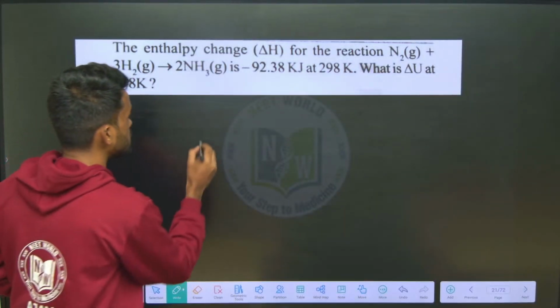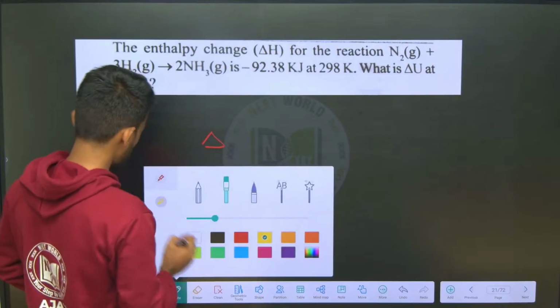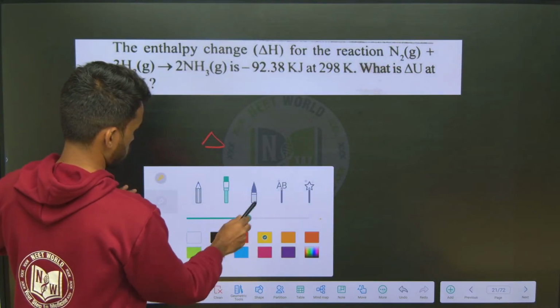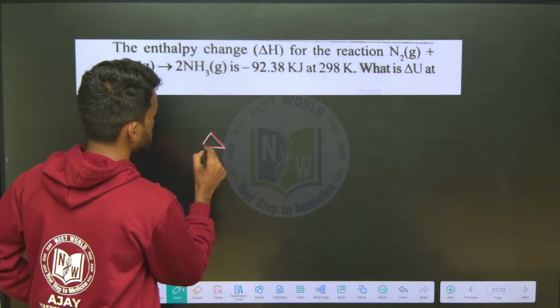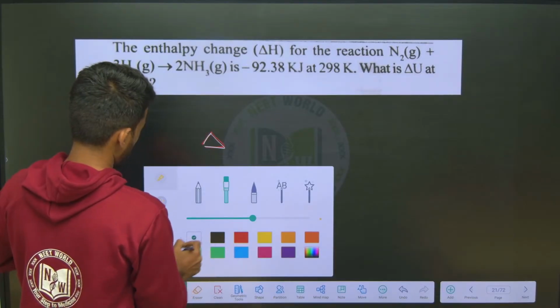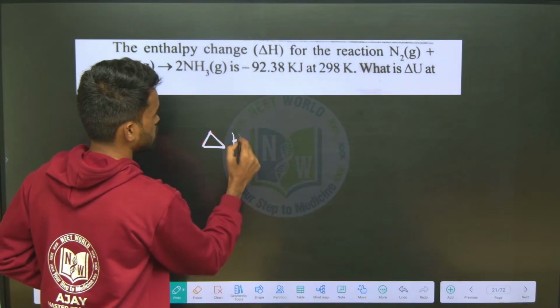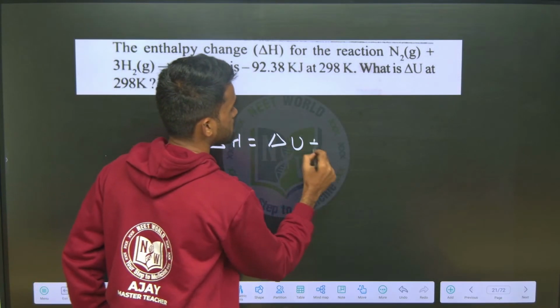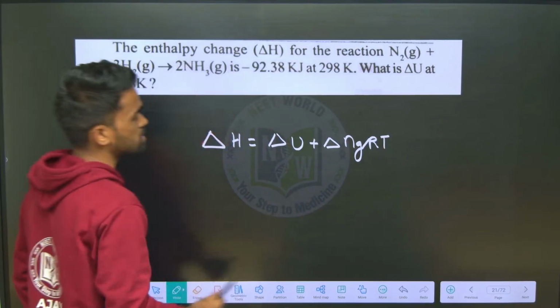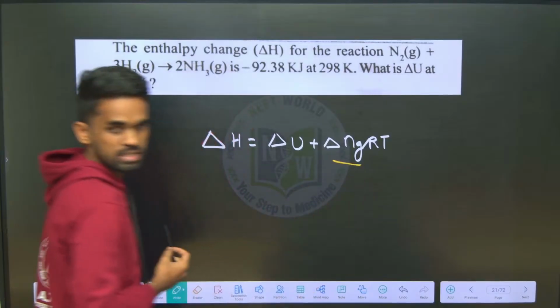So delta H is equal to delta U plus delta Ng RT. So now first find this delta Ng RT for this particular gas.